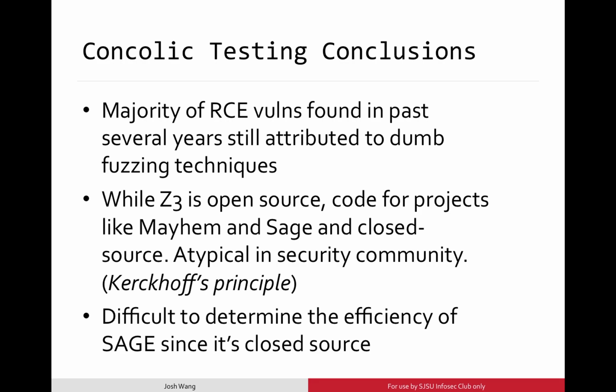You might wonder why that is. Well, a lot of it has to do with the fact that Z3 is open source, but a lot of concolic testing frameworks like Mayhem and Sage are closed source.